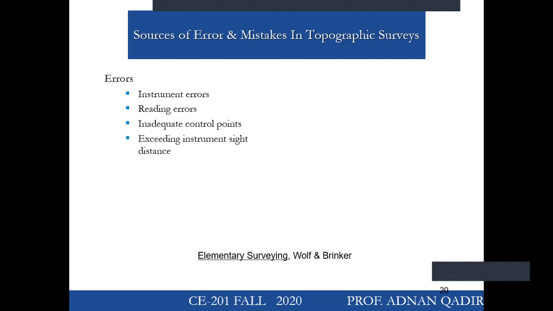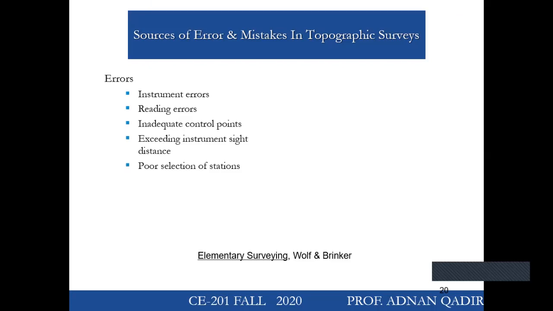What I mean is you have to shift the instrument in this case. For instance, you are standing in the valley and you want to take the elevation of a mountain that is too high. That may not be a very good station. Maybe somewhere in between, or maybe the top of the hill. That will be a good idea.